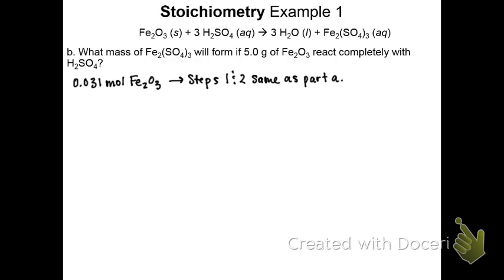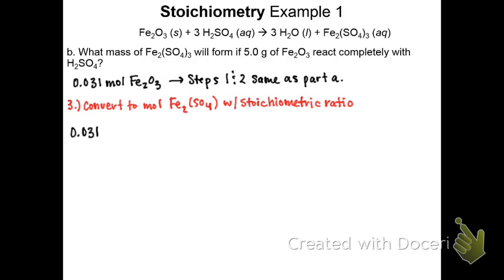So now, starting with that amount of iron oxide, our step 3 will be to convert to moles of iron sulfate with the stoichiometric ratio. So again, we're starting with 0.031 moles of iron oxide.